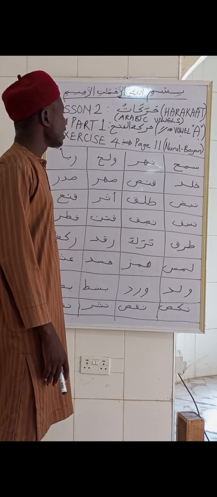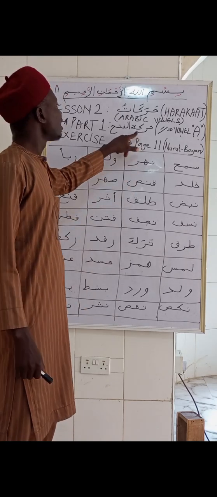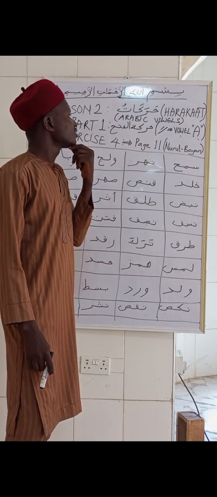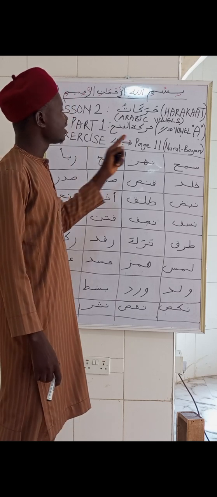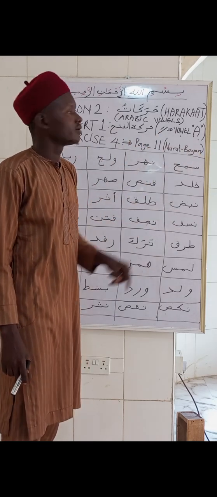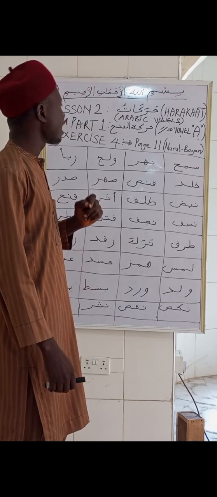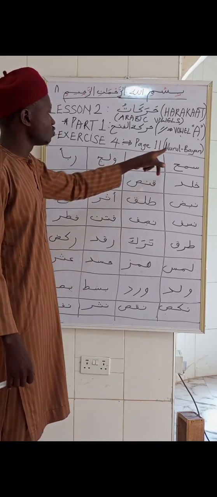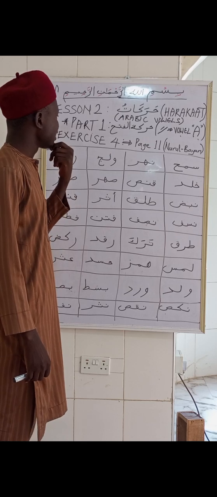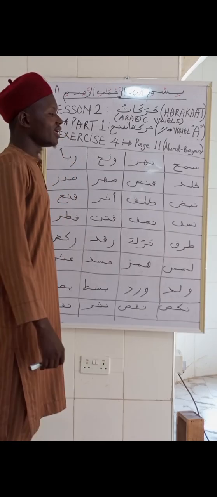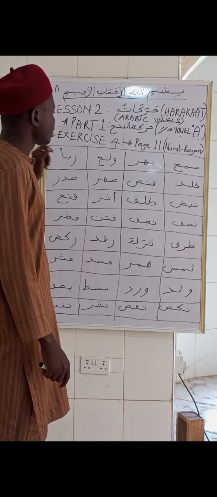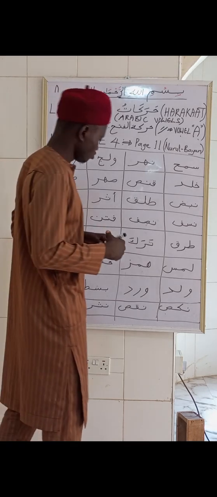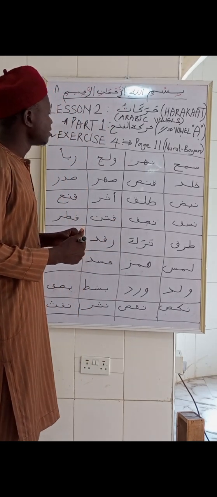We are looking at exercises on Harakatul Fataha, which in English is equivalent to the vowel A with sound A. If you go to page 11 of the book, we are using Nurul Bayan, you will see at the left hand side where they wrote Tadribul Rada. That is exercise 4, and that is what we are going to be looking at in this lesson.